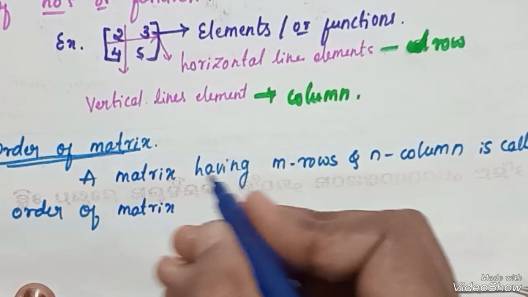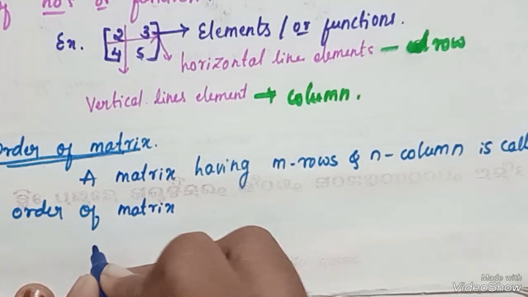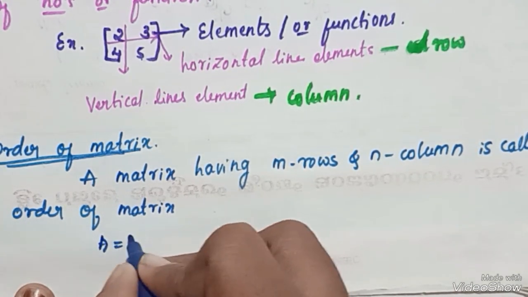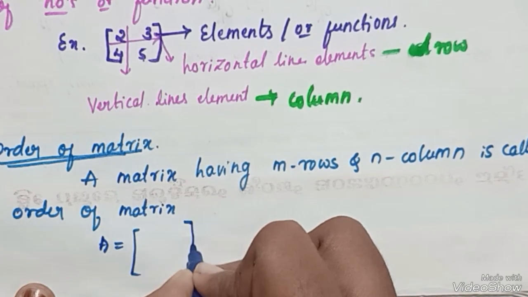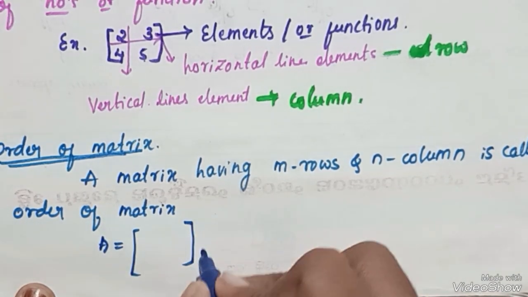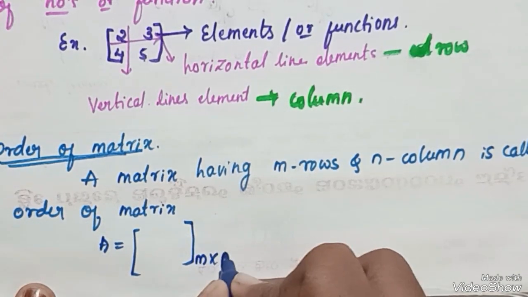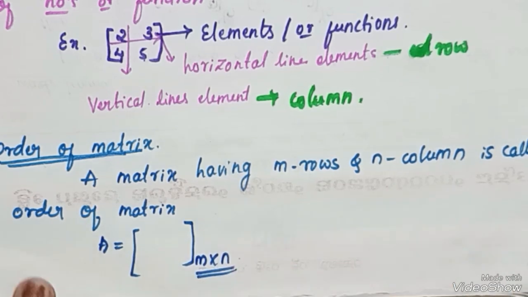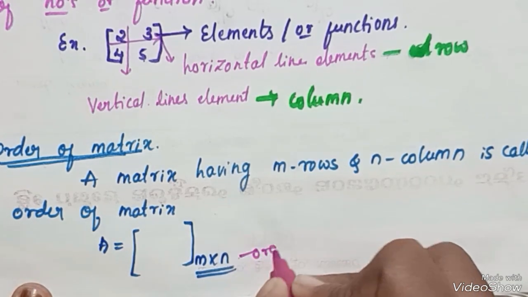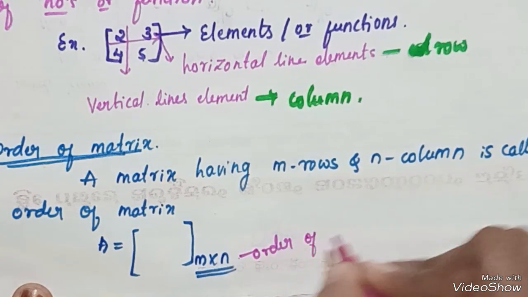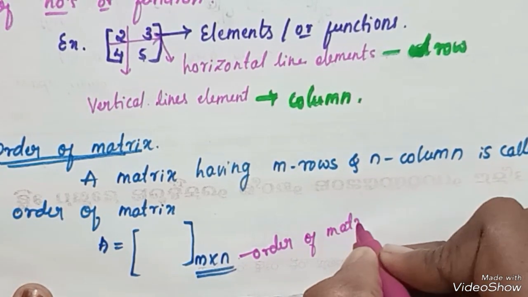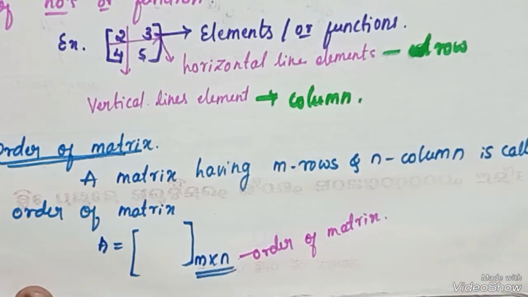That is, the number of rows and the number of columns together are called the order of the matrix. Let A be a matrix of m rows and n columns. This is called the order of the matrix, that is m rows and n columns.